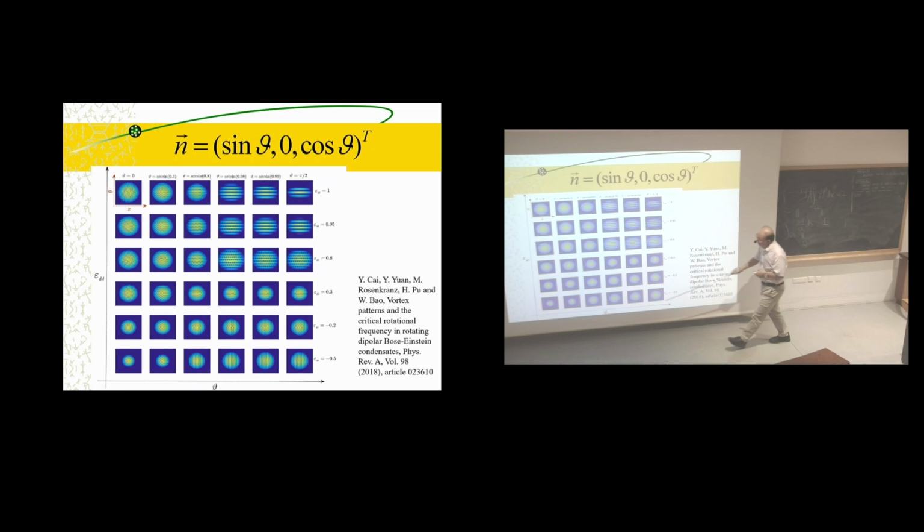You can see here this is for different theta, from 0 to pi over 2, and this axis is for different epsilon dd, where epsilon dd equals my lambda over beta. You can see this one when lambda equals 0.